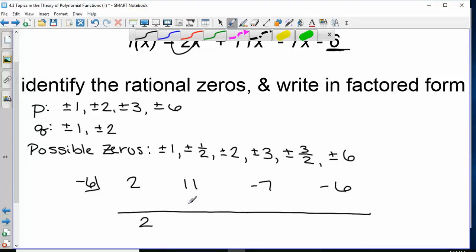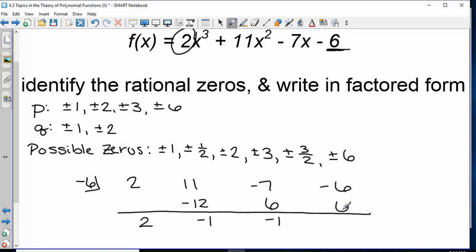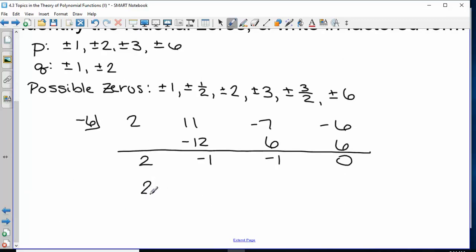So 2 times -6 is -12. 11 plus -12 is -1. That gives us a 2x squared minus x minus 1.